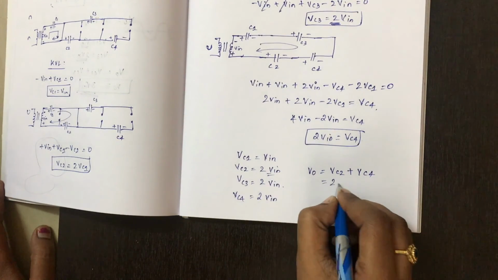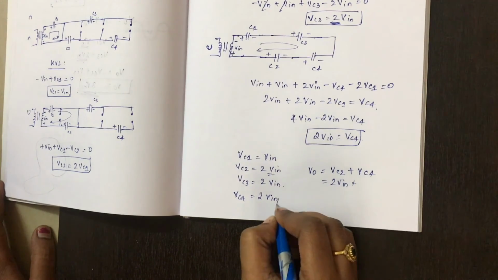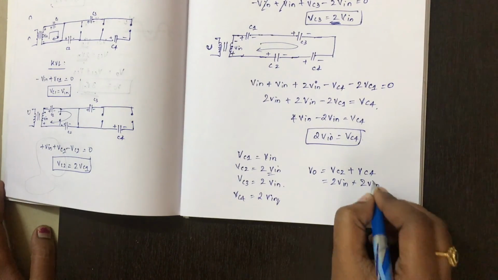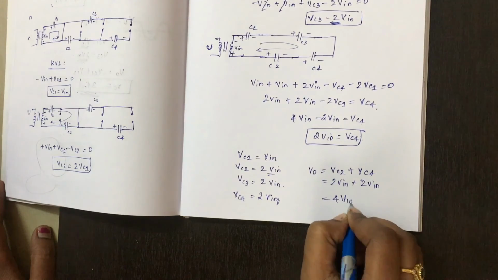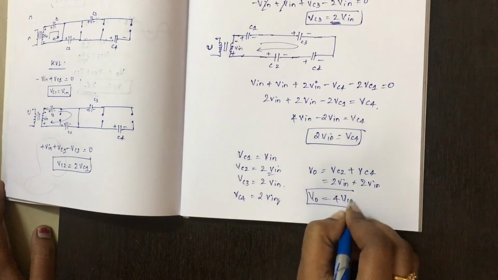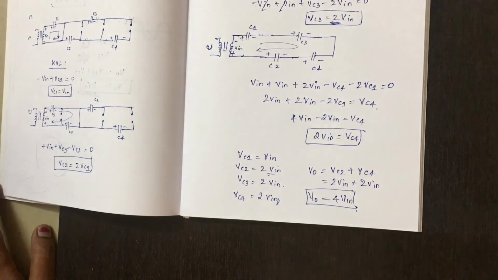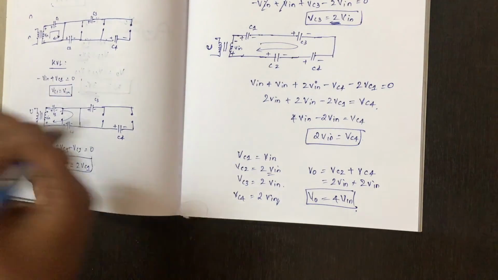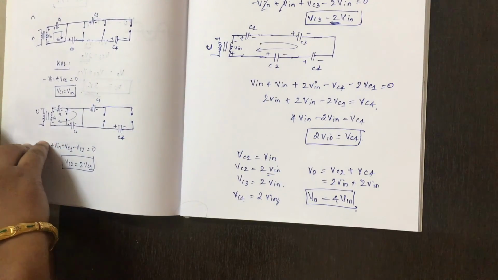Vc2 is 2 Vin, Vc4 also 2 Vin, so 4 Vin. So this is how you will find the output voltage for a quadrupler, tripler or doubler.